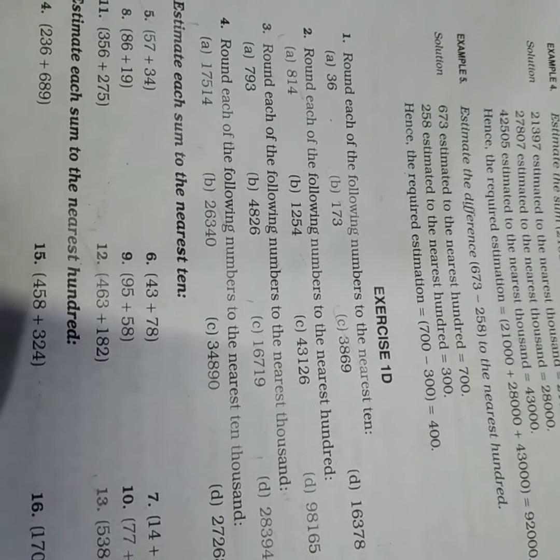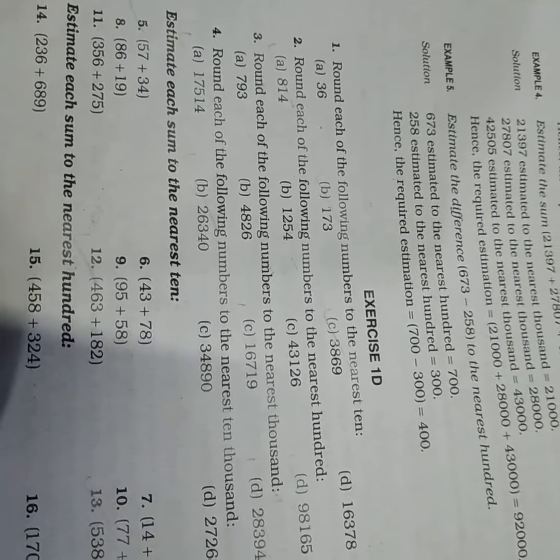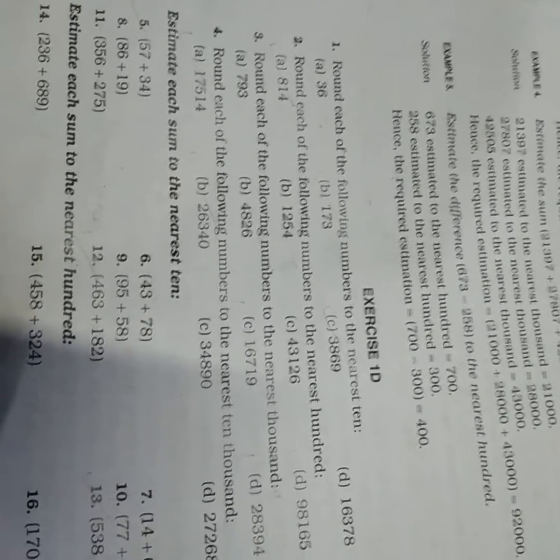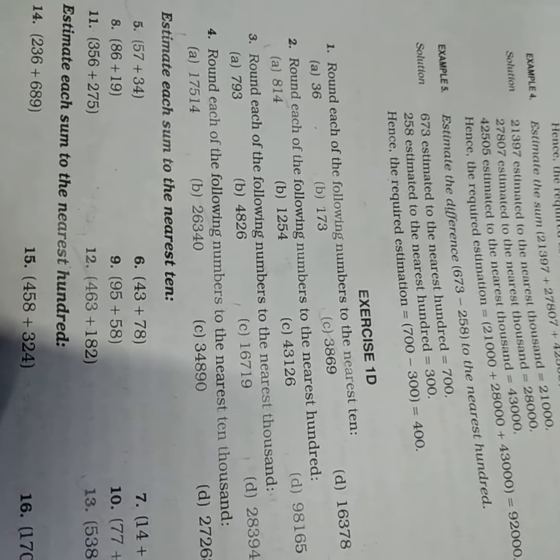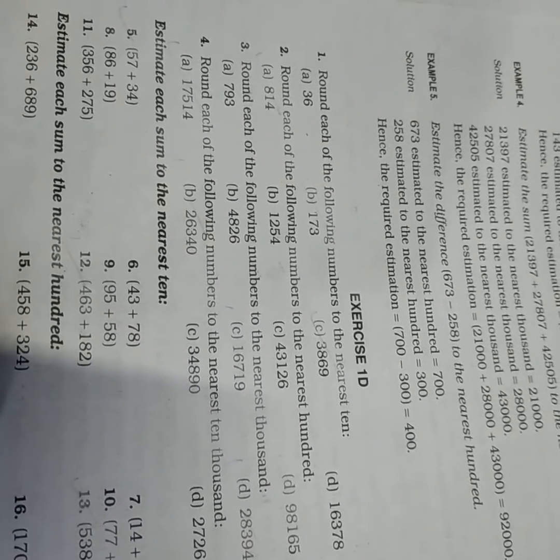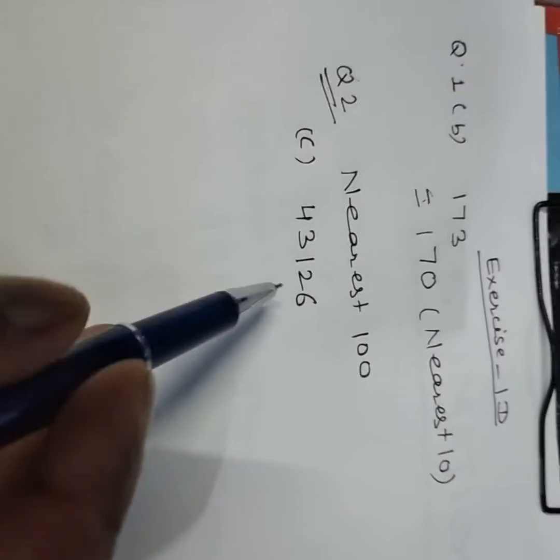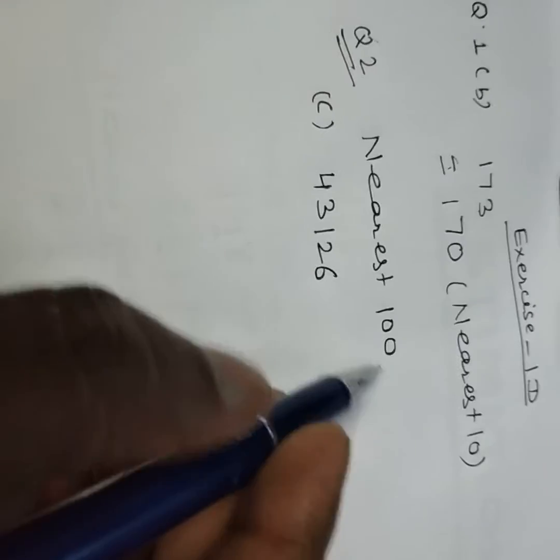Then we will discuss question number 2. Round off each of the following numbers to the nearest 100. Here I am going to do part C. Nearest 100 of 43,126.